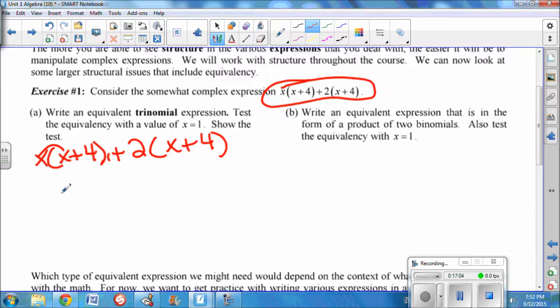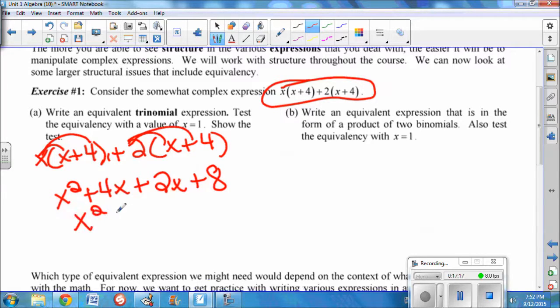So distribute: x squared plus 4x plus, now I'm going to distribute the 2, 2x plus 8. Combine any like terms: x squared plus 6x plus 8. So they said to test 1.